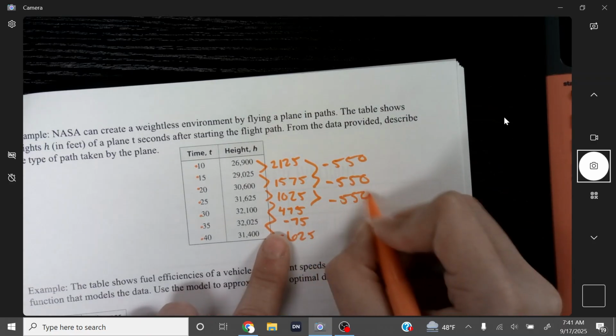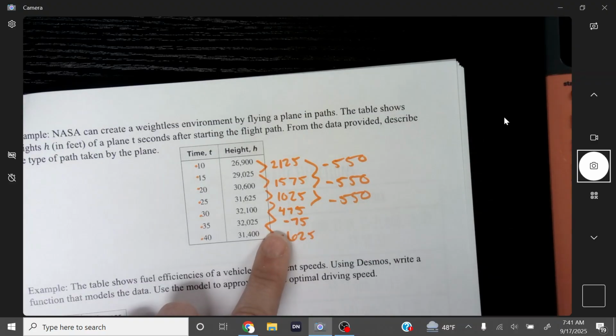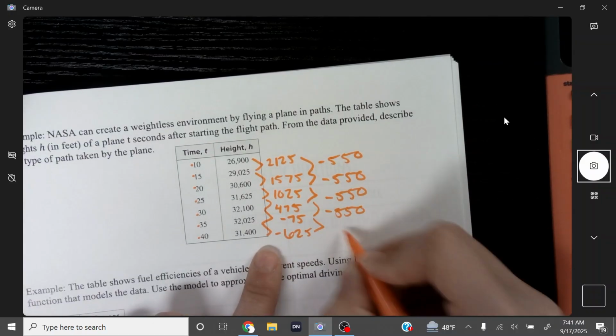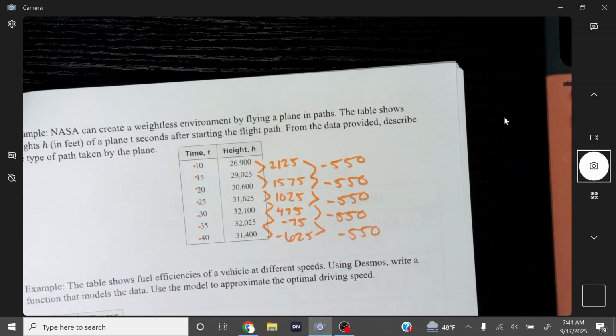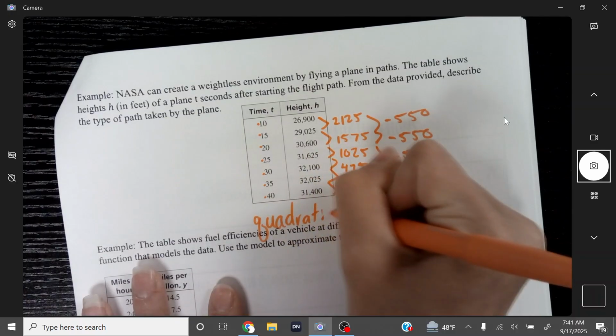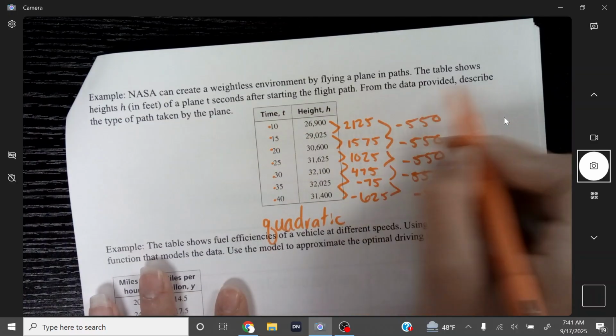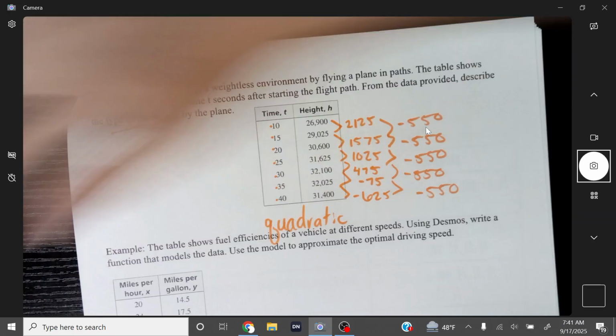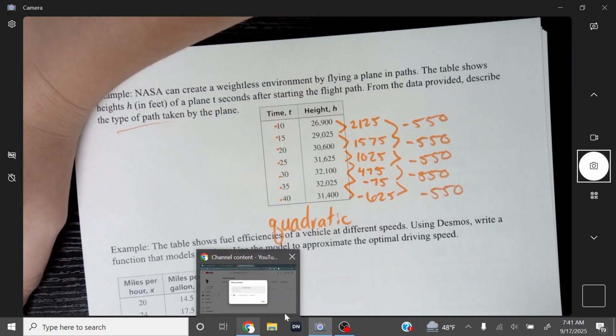Down 550, 475 to negative 75, down 550. And lastly, we went down 550. So this is what we would call quadratic. You are asked to describe the type of path taken by the plane. You would say quadratic. If you were asked to write an equation, this is where you would go to Desmos.